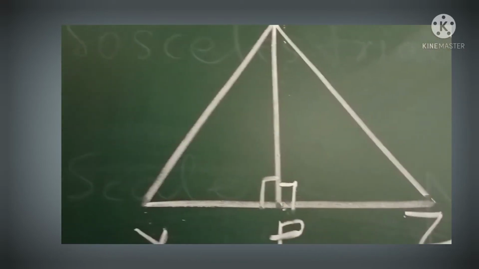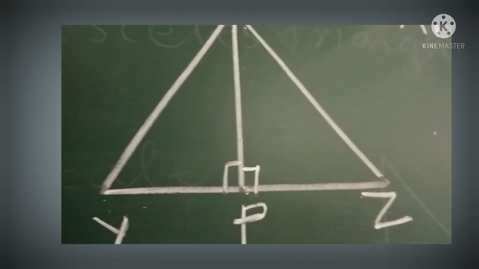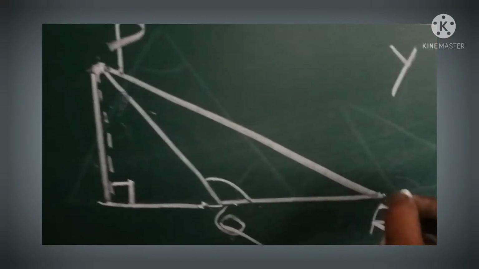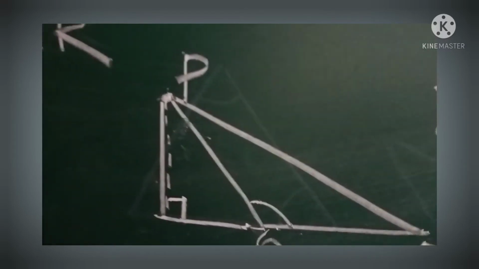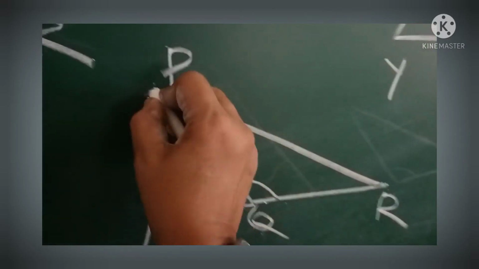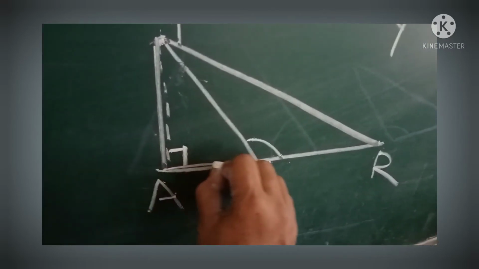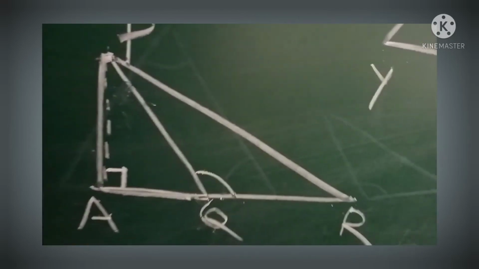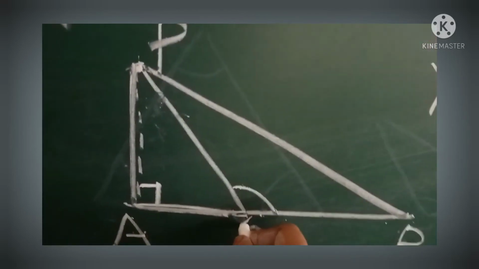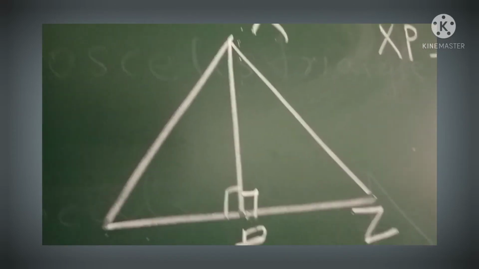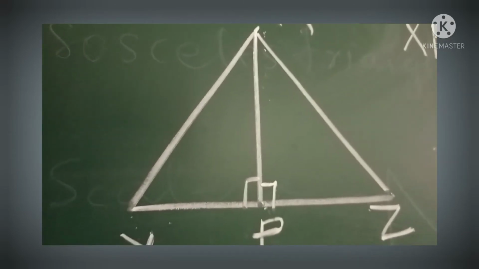This is an acute triangle. For an obtuse triangle, draw the altitude from P to the side QR. Let the foot be A. Then we can draw this way only. That means this should be outside of the triangle PQR. That is, the altitude of an obtuse triangle should be outside of the triangle. But for an acute triangle, the altitude should be inside of the triangle.